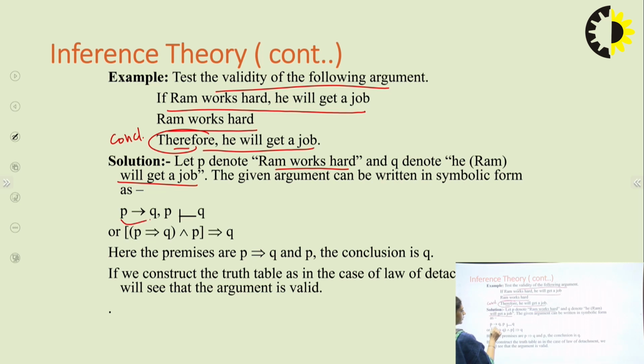P implies Q: if Ram works hard, he will get a job. P implies Q. Ram works hard is P, right? Now, the conclusion is Q. For example, the premises are P implies Q and P, the conclusion is Q. We have applied law of detachment here, right?